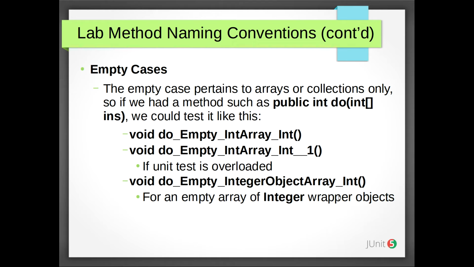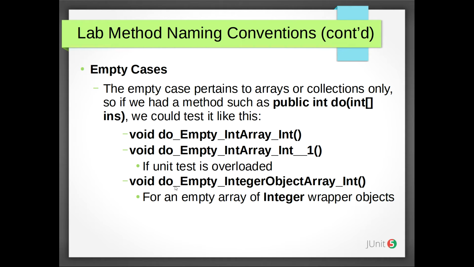Empty cases, it's a special type of a special case. The empty case pertains to arrays or collections only. So if we had a method such as public int do(int[] ints), we could test it like this: void do_empty_int_array_int, and we could overload it as void do_empty_int_array_int__1, if for whatever reason we wanted to test several different types of values.